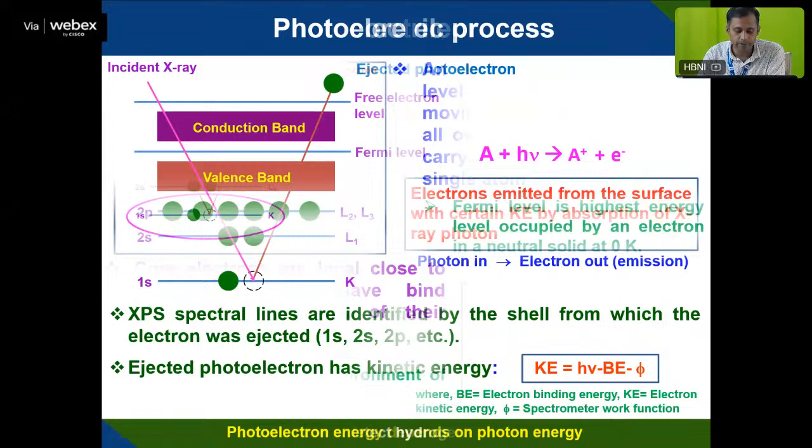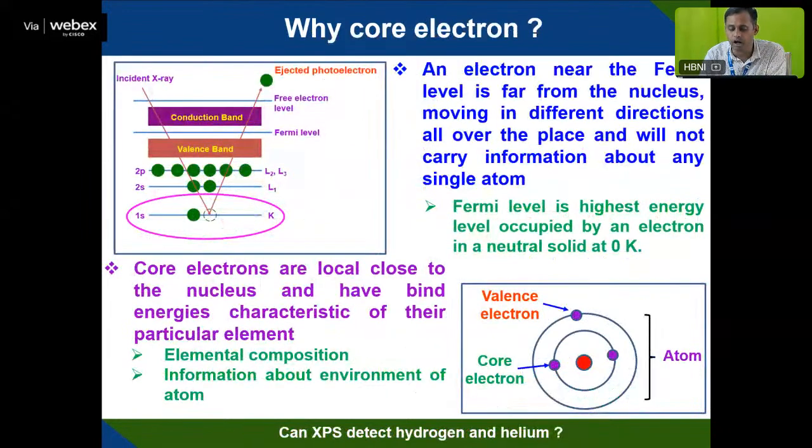But we are mainly interested in the core electron of 1s. Why so? Because an electron near the Fermi level is far from the nucleus.